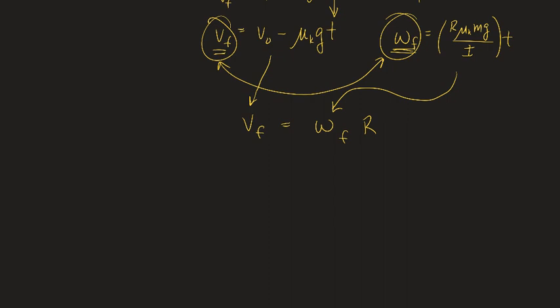So I'm just going to do this substitution. I'm going to put in v naught minus mu k g t equals... I know this is a mess, and just hang with it for a minute. It'll be okay. It would be prettier if we put in the moment of inertia, and I'm intentionally not.